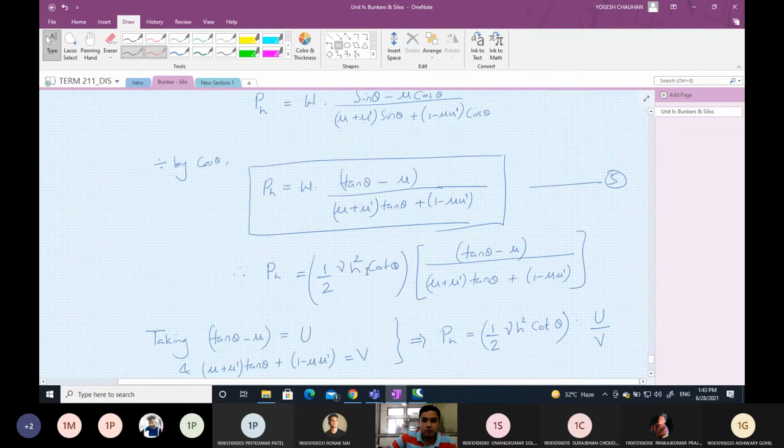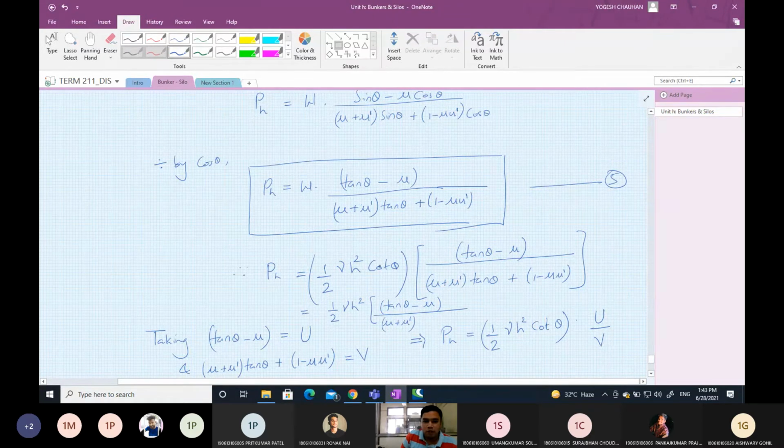This cot theta is also multiplied inside, so when you multiply this cot inside, it will be 1/2 gamma H square into tan theta minus mu whole divided by, mu plus mu dash.